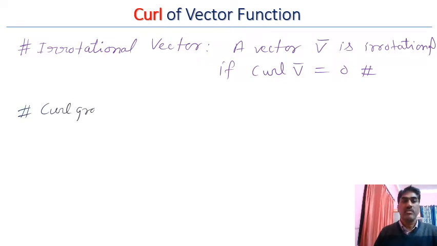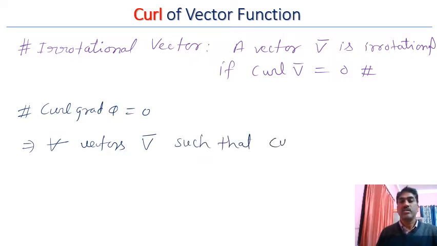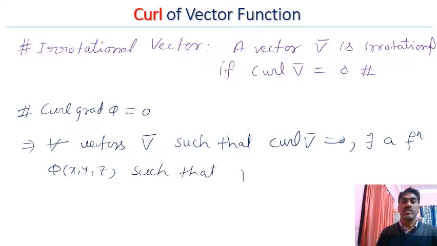Curl of grad phi is always 0, and if curl of v is 0, then v is irrotational. So this implies that for all vectors v such that curl v is equal to 0, there exists a function phi of x, y, z such that v is actually equal to grad of phi.